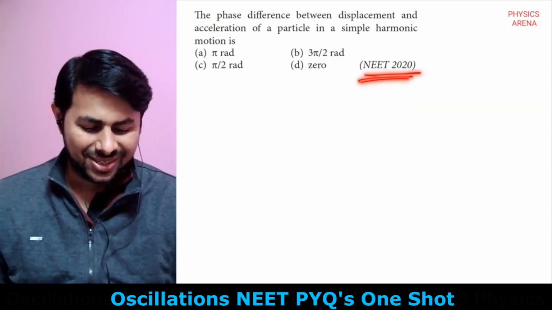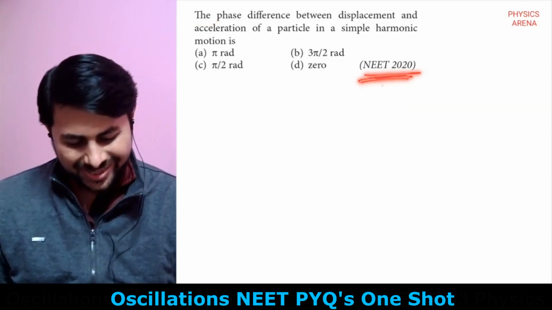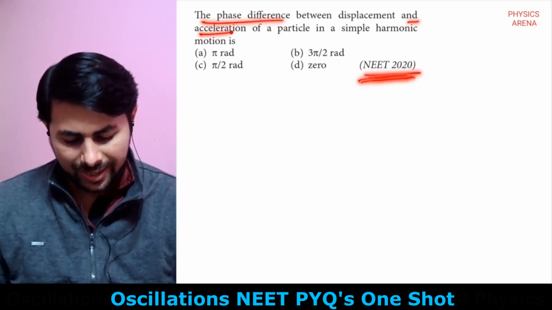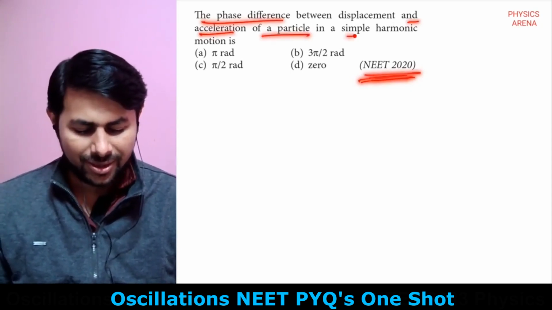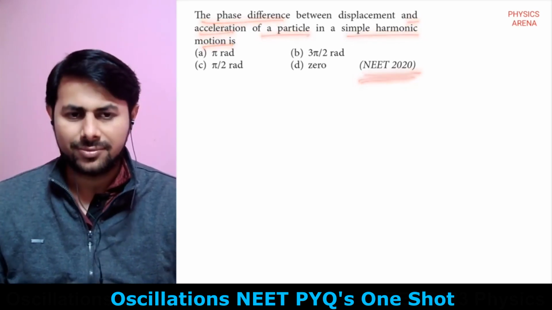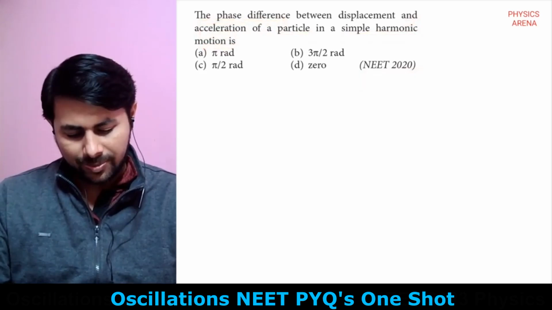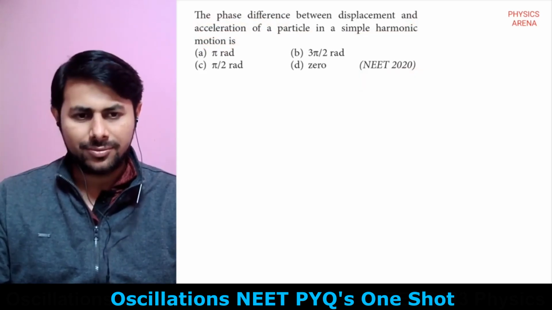This is fairly recent, NEET 2020. Phase difference between the displacement and acceleration of a particle in a simple harmonic motion is pi, 3 pi by 2, 0. Okay.